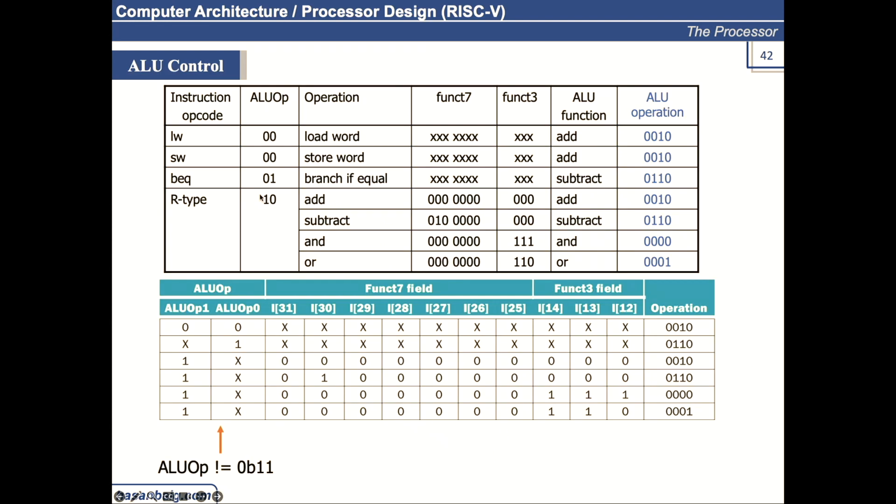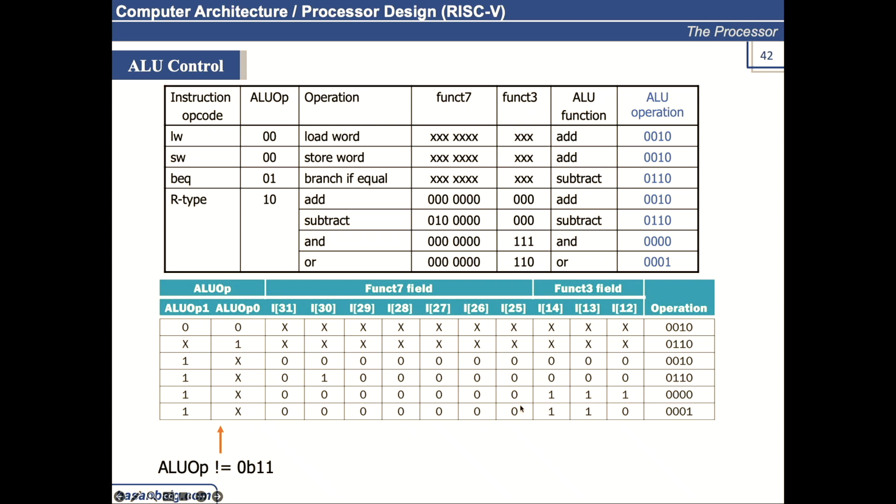Now assume that the value is 1 0. We have to look at the func3 and func7 fields now to decide what operation to perform. If you look here, the func3 fields are different in all 4 cases. But these values are all the same from bit number 25, I25, to I29, all zeros.